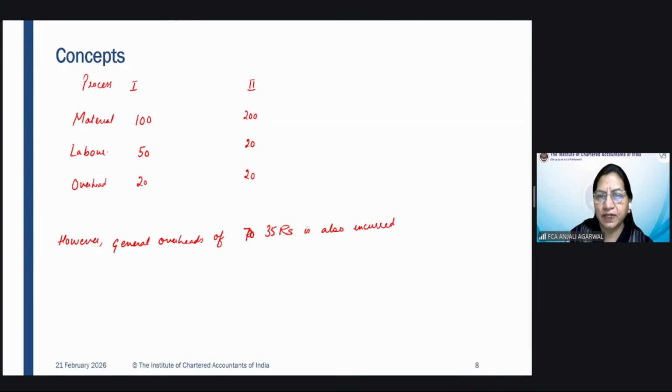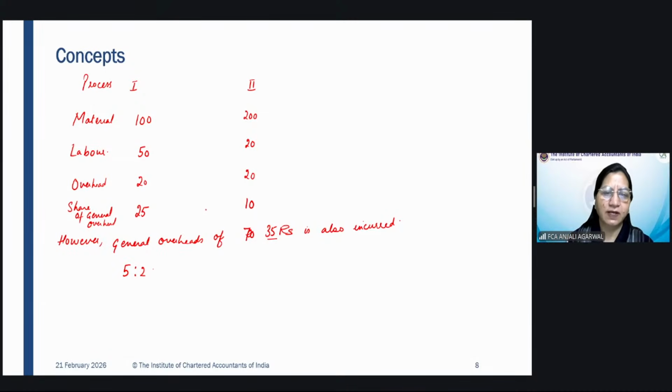So either the question will mention how the 35 rupees of general overheads is to be allocated between process 1 and process 2, or if nothing is mentioned, we will allocate the 35 rupees in the ratio of labor or wages, which is 5:2. So 25 rupees will go to process 1 as its share of general overheads, indirect overheads you may also call them, and 10 will be allocated to process 2.